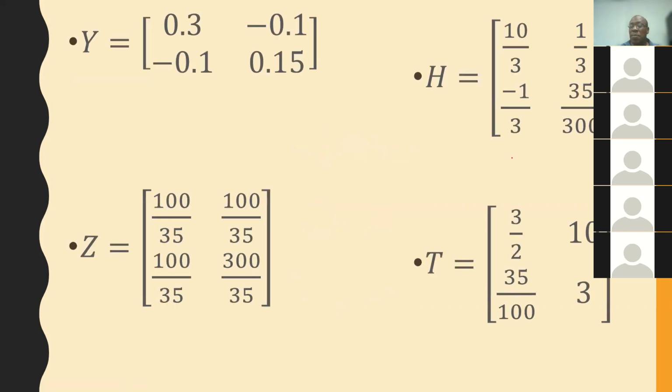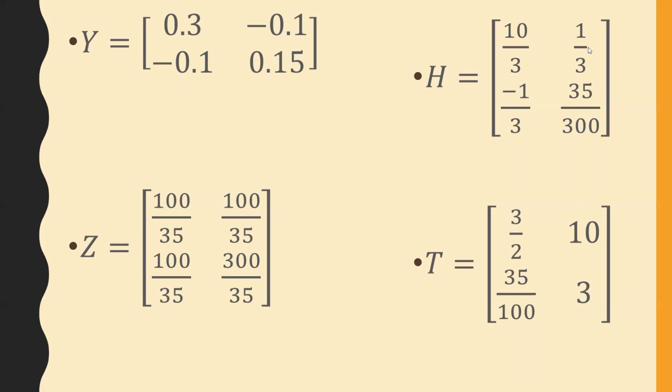So for the network, the parameters are as shown. We have y: 0.3, minus 0.1, minus 0.1, 0.15, well, you can read them, right? So these are the parameters we found for the network.